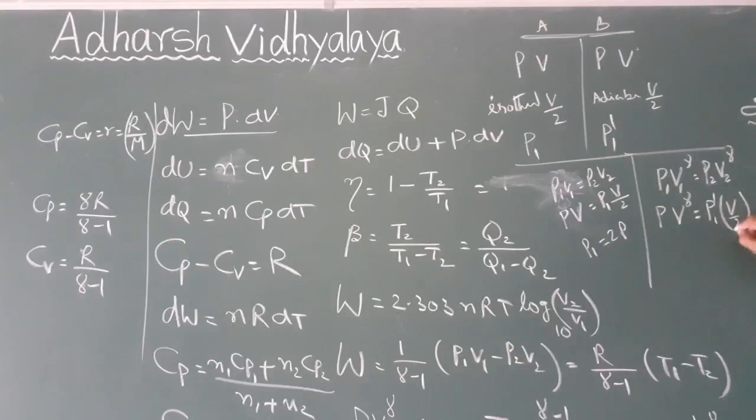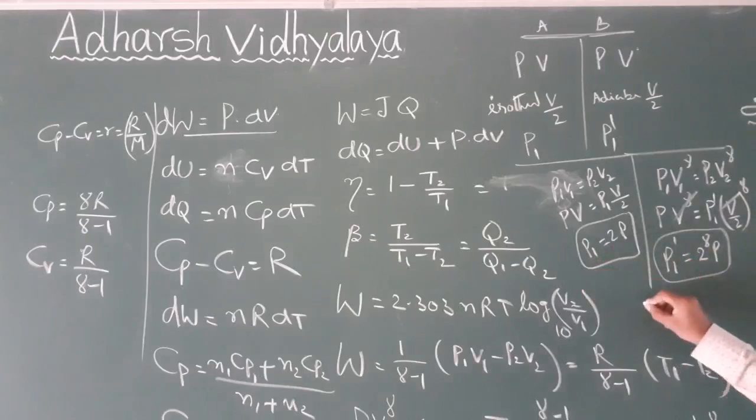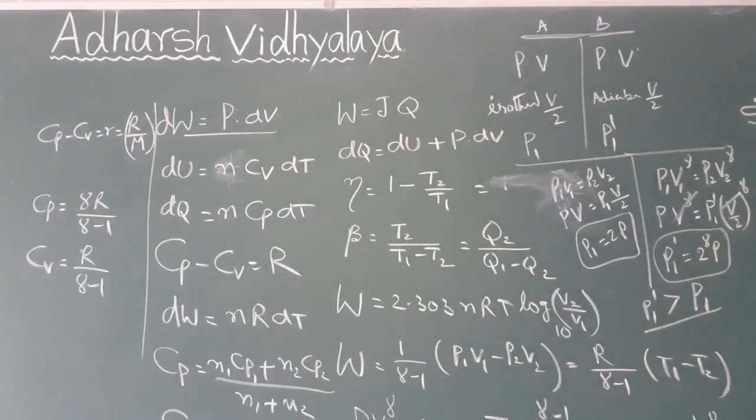V power gamma cancels, so P1 dash is equal to 2 power gamma into P. That means final pressure here is 2P, and here it is 2 power gamma into P. Gamma is more than 1, so this value is more than 2, so this pressure is more than the other. Therefore P1 dash is greater than P1. That means the final pressure of gas B is greater than the final pressure of gas A.